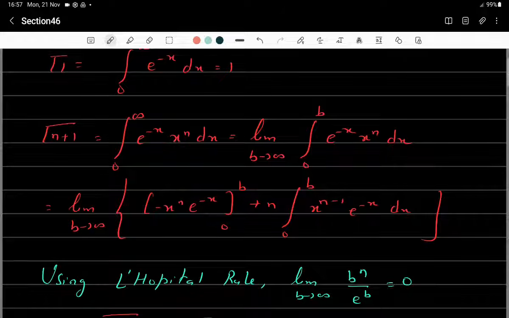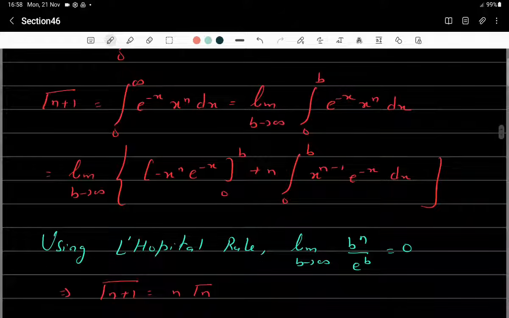When you differentiate it n times, the numerator becomes n factorial, and the denominator remains e raised to the power b. In that case, when you apply limit b tends to infinity, it is n factorial by infinity, that becomes 0. It means the first term is 0 and the second term is n gamma n, and I can write gamma n plus 1 is n gamma n.